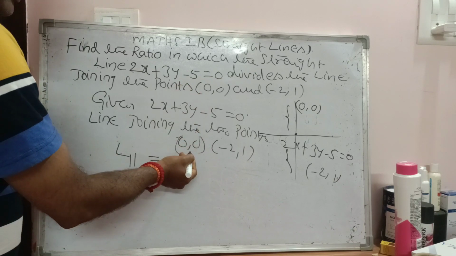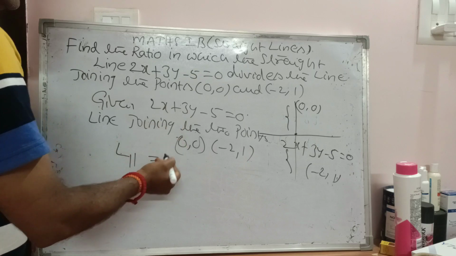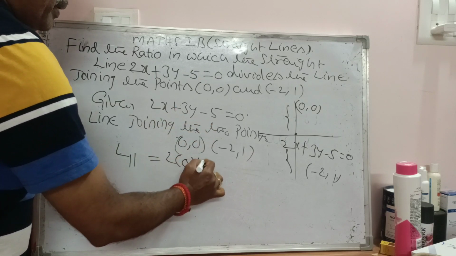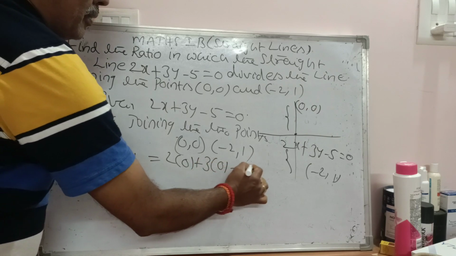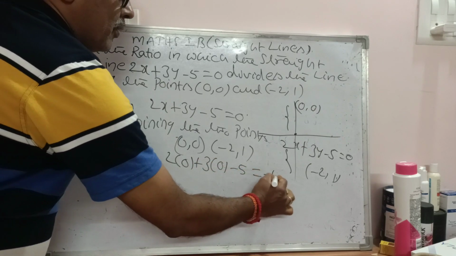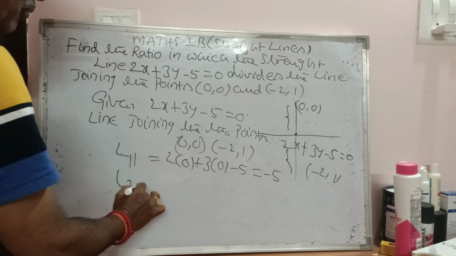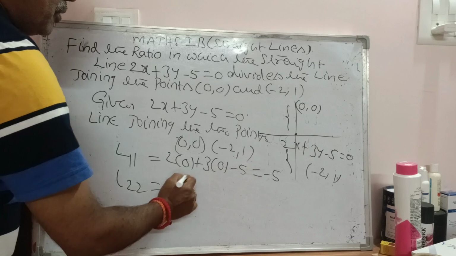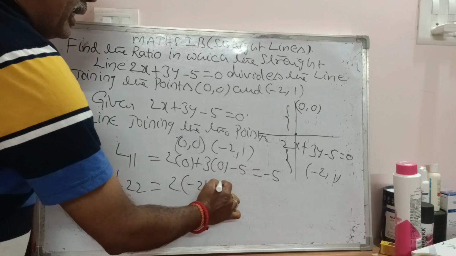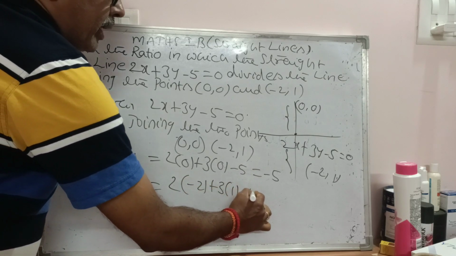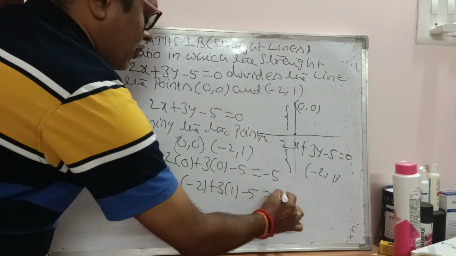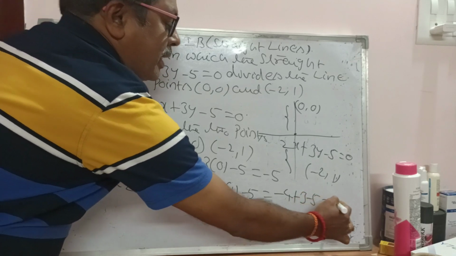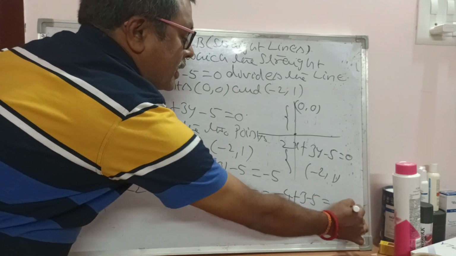That means substituting the point (0, 0) in the given line equation, we get 2 into 0 plus 3 into 0 minus 5, that is equal to -5. Now L22. Substituting the second point in the given line, 2 into -2 plus 3 into 1 minus 5, that is equal to -4 plus 3 minus 5, which is -6.